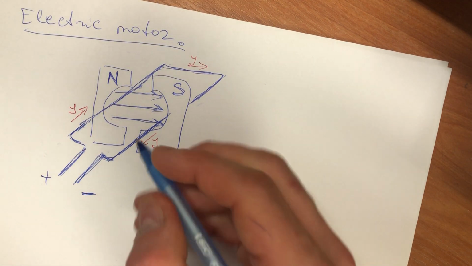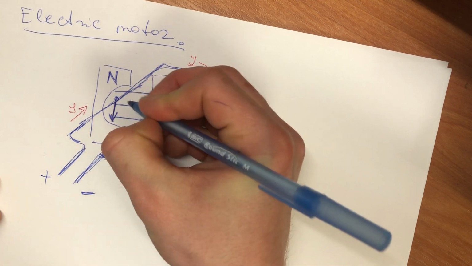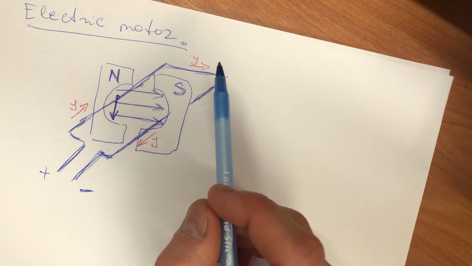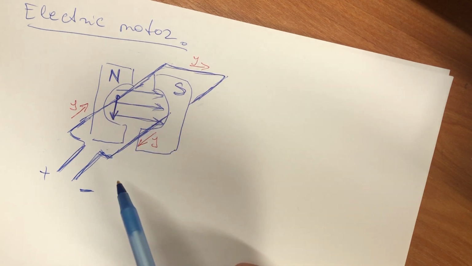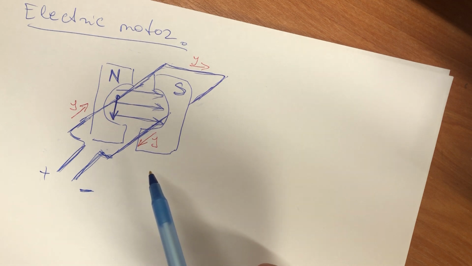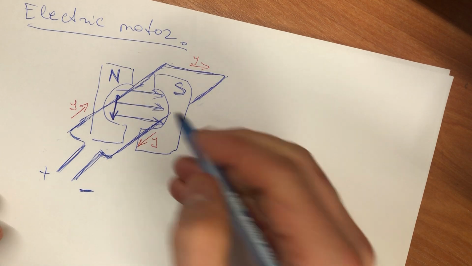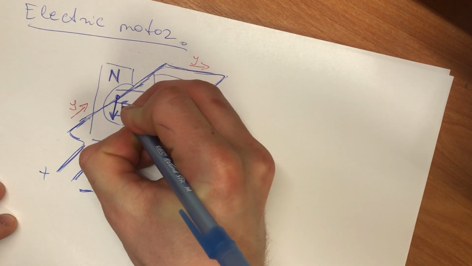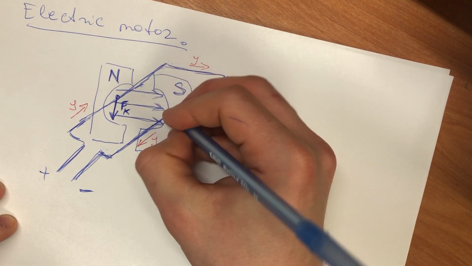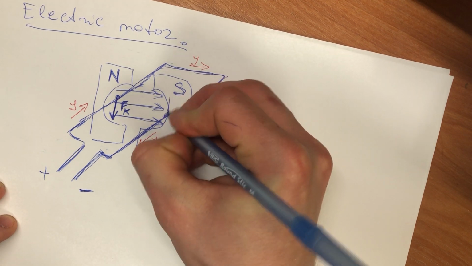So the direction of the force is down, in the plane of the paper. So this is F magnetic, that is down, so it is Ampere's force. And in this case, because current is flowing in the opposite direction, this would be up.